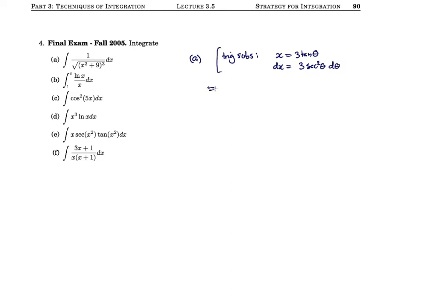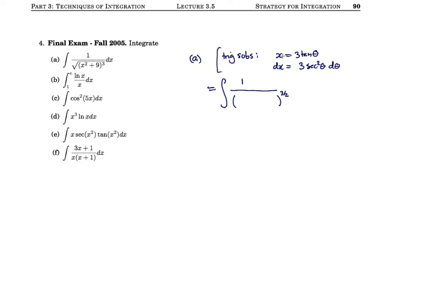And so what does our integral become? Well, it's the integral of 1 over, we can rewrite the bottom as an x squared plus 9 to the power of 3 halves. But the reason we chose our substitution of tangent was because that would simplify.